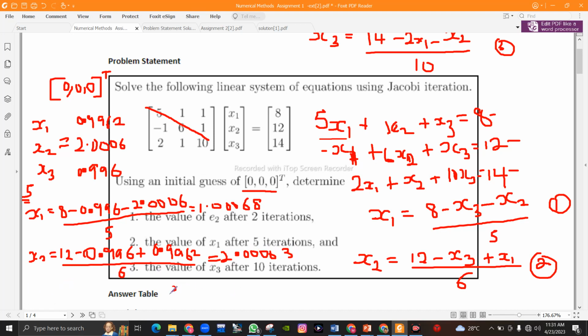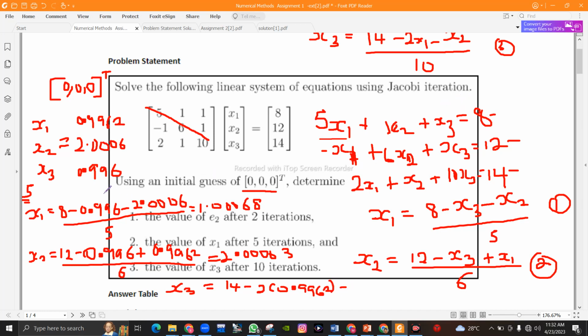So also x3 is 14 minus 2x1. What's our x1? That's 0.9962. Then minus x2.